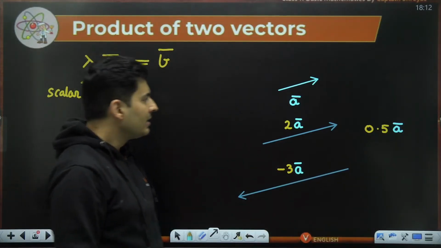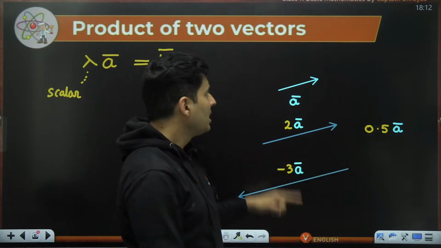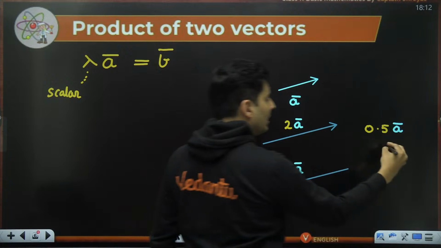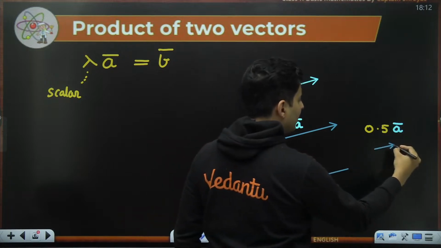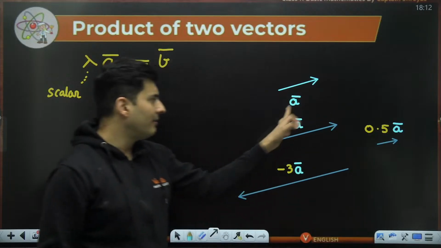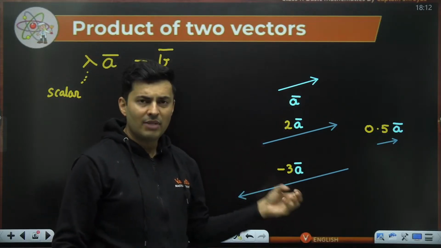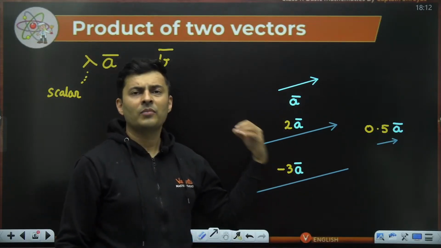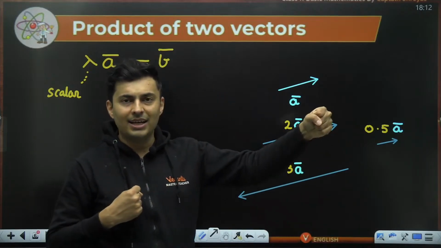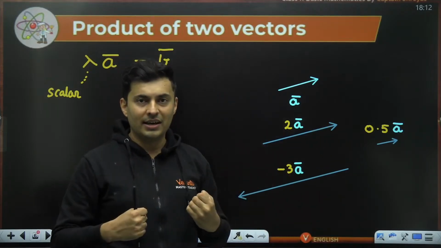Everybody getting it? Similarly, 0.5 a bar, that means whatever the length is, half of it, so just this much in that direction. So that is basically your 0.5 a bar. So when you multiply a vector with a number like this, minus 100, 0.1, anything, you will get a new vector which is either in the same direction or in the opposite direction.